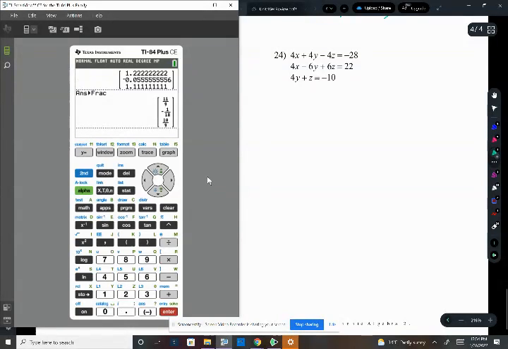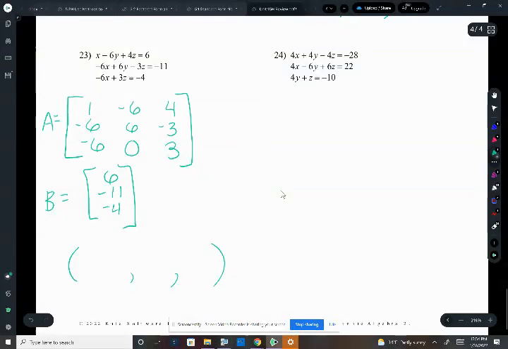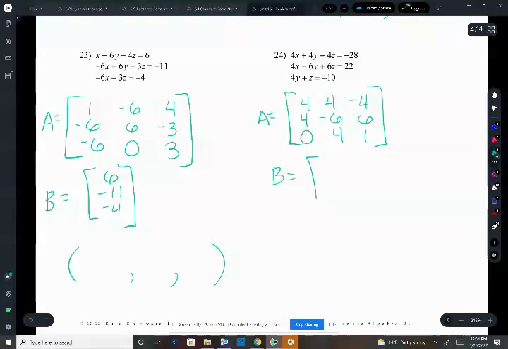All right, so last matrix, let's look at it. If I was to put my matrix in, I've got my matrix is going to be 4, 4, negative 4, 4, negative 6, 6, and then 0, 4, 1, and then that's our A matrix. And our B matrix is going to be negative 28, 22, and negative 10.